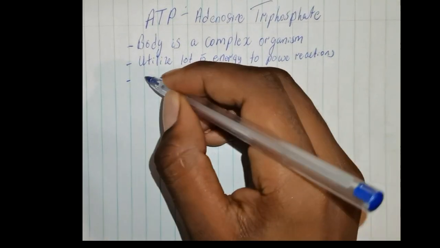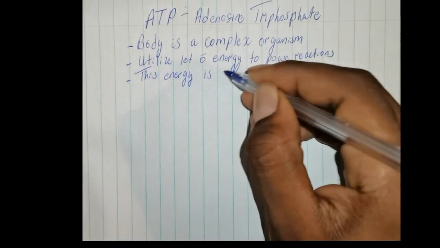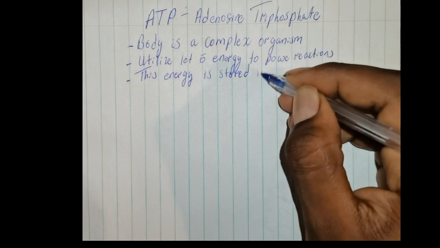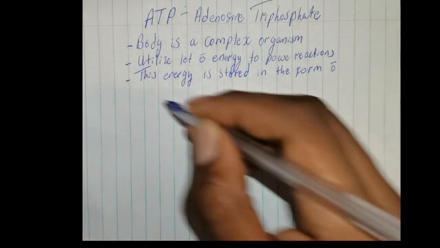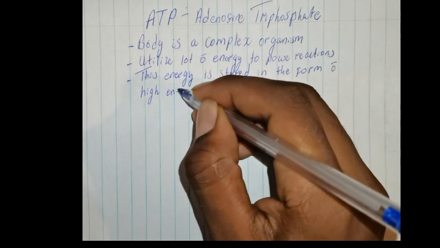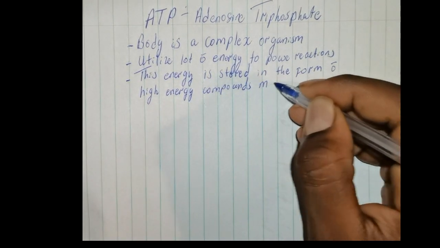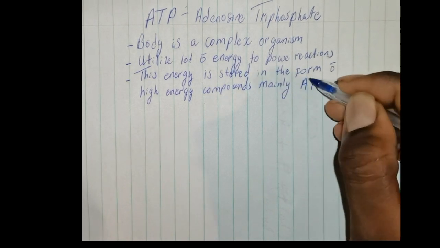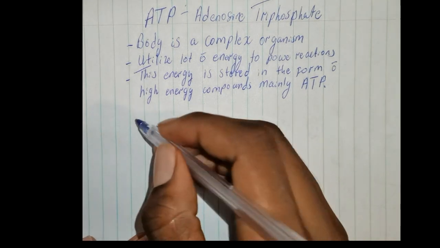Most of the processes that take place inside our bodies utilize this energy. This energy is stored in the form of ATP, which is a high energy compound. However, we have many high energy compounds, but in this video we will focus on ATP.